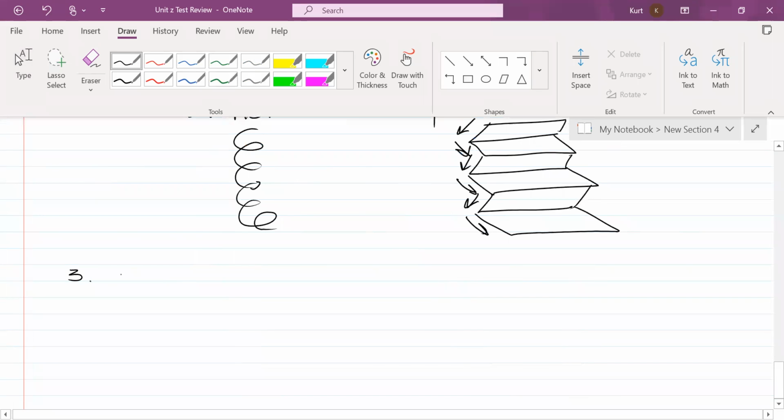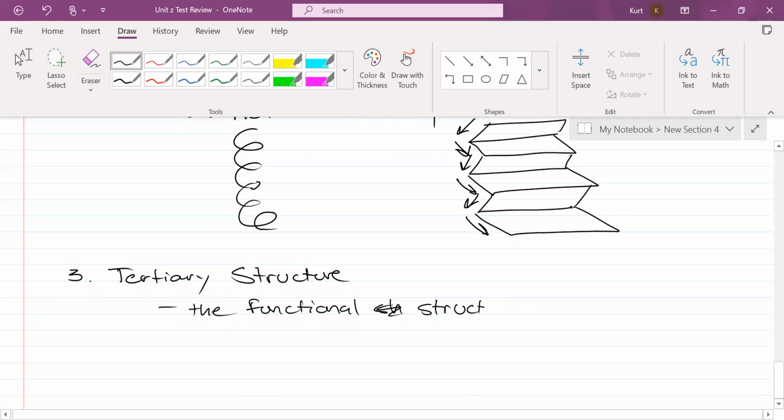Number 3 is the tertiary structure. Tertiary is the functional structure of the protein, which is 3D.